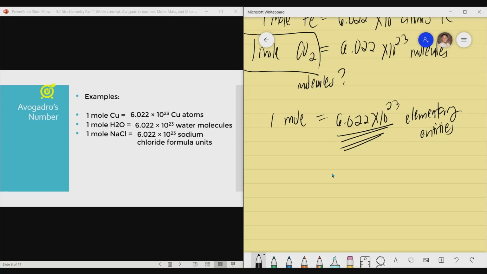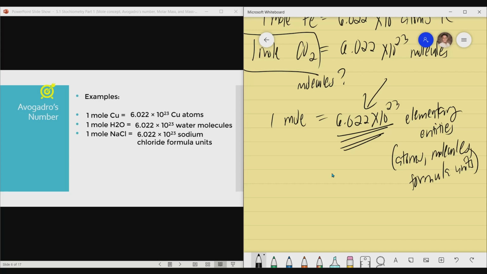Say, for example, how many atoms are there in one mole? Your answer will be 6.022 times 10 raised to 23. The word elementary entities is just an umbrella word for your atoms, molecules, formula units, and so on and so forth. Okay?